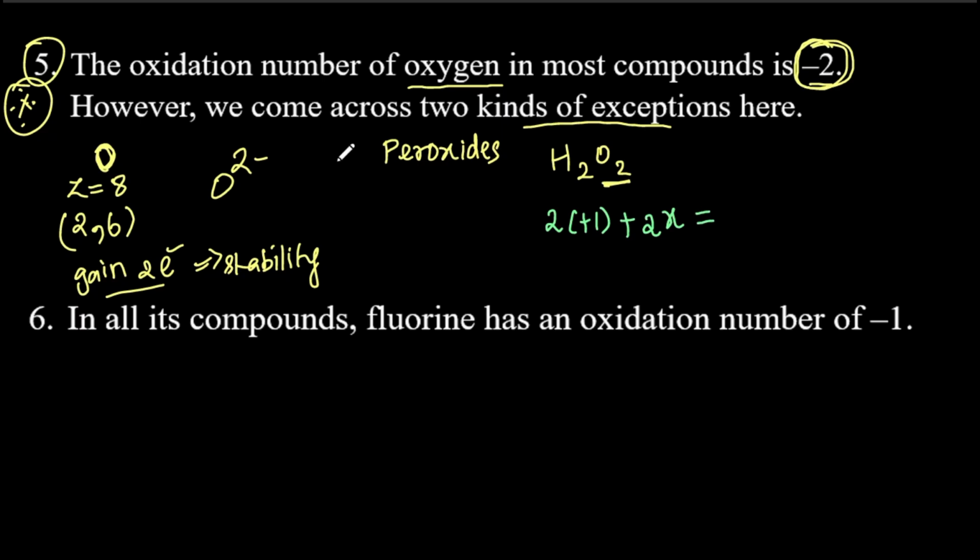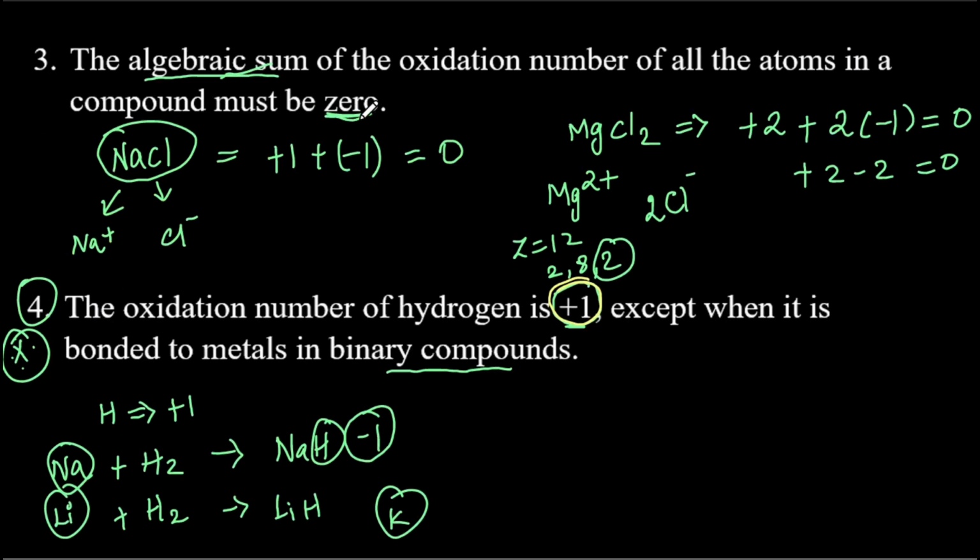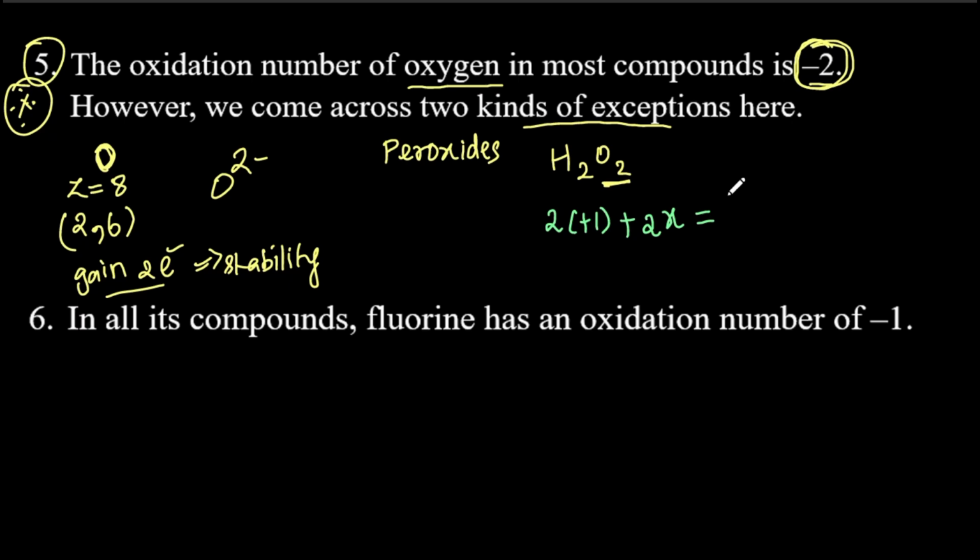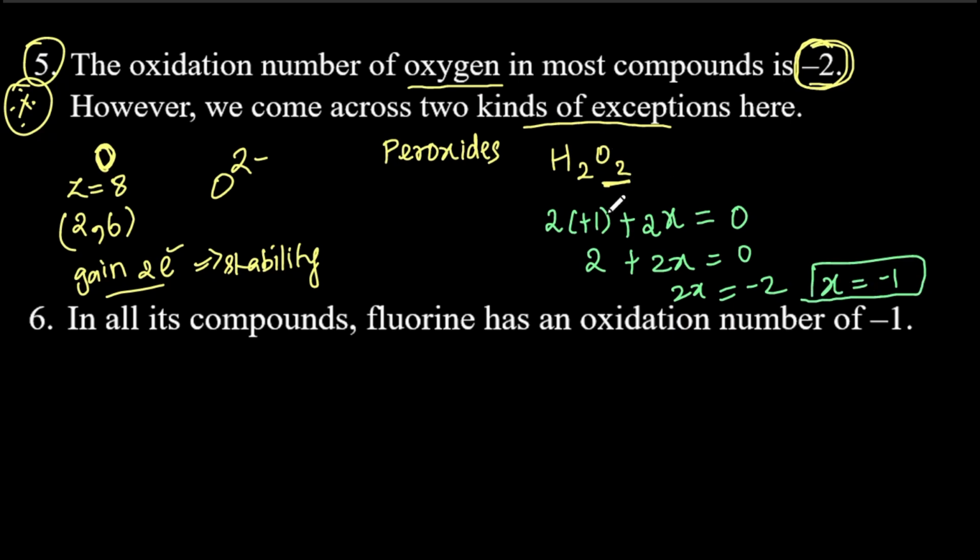And we know that the algebraic sum is always equal to 0. So 2 plus 2x equal to 0. 2x is equal to minus 2. Then the value of x is minus 1. So in peroxides, the oxidation state of oxygen is minus 1. In most of the compounds, it is minus 2, but in peroxides, it is minus 1.